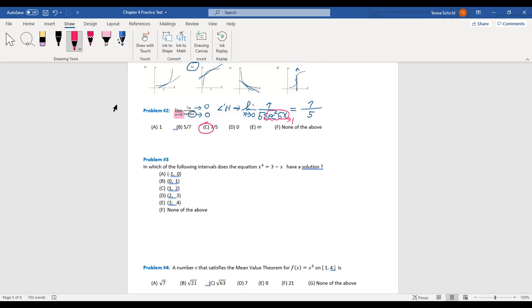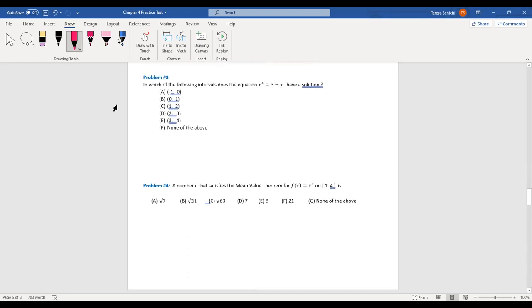Now let's look at number 3. In which of the following intervals will I have a solution? What does that mean? If you move this over, we have x to the fourth plus x minus 3, and we say this is f of x.